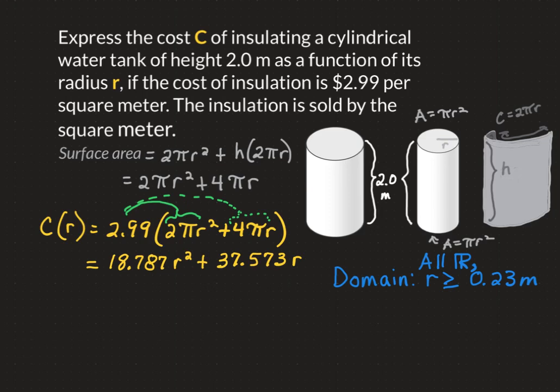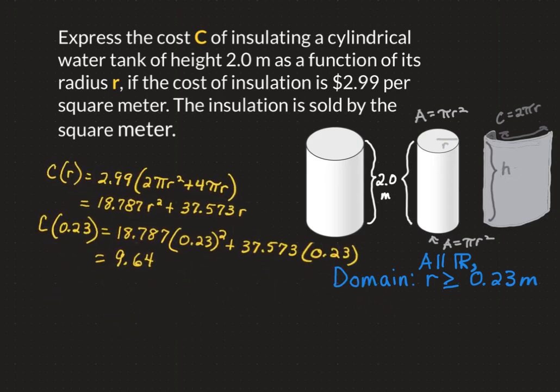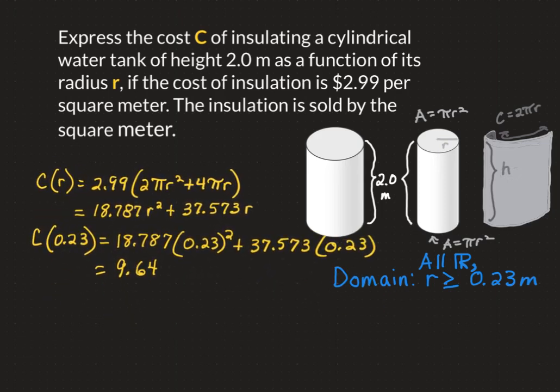Let's find the range. How can we find the range of this? Well, if we put in the smallest radius possible and then do the calculation, that will give us the smallest possible value for the function. Let's move this around a little bit. Get that up there out of the way a little bit. Okay, so our range now has to be greater than or equal to 9.64.